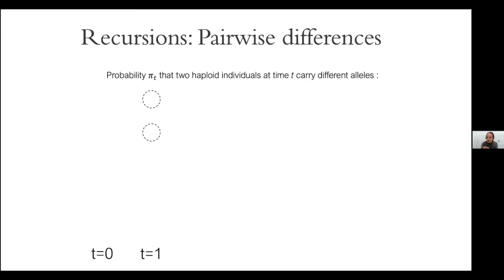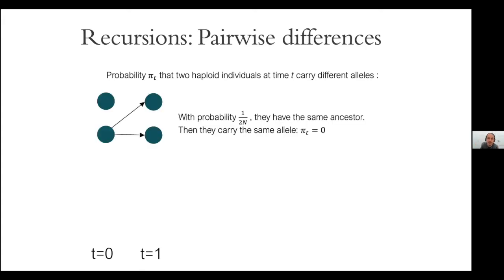So to compute this, what you can say is, I'm going to condition on whether their parents are the same or are different. So these two copies of the genome, either they could have been inherited at the last generation from the same individual, which is illustrated here, right? So we have these two copies at time t of the genome. Maybe if you go back one generation, these have the same parents, right? And that's very unlikely.